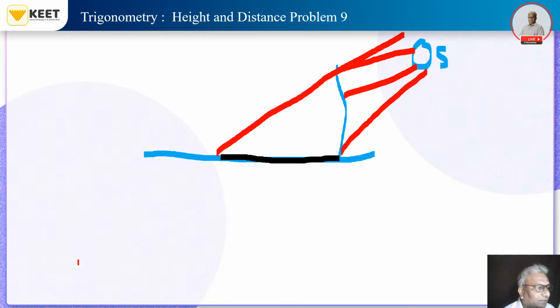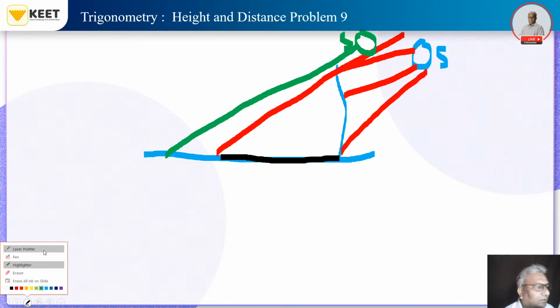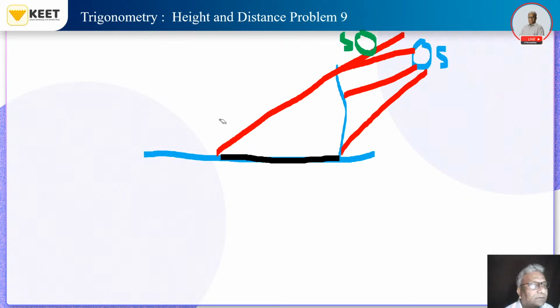Now suppose the position of the sun changes. I'll show the position change with some other color. Now the sun is coming in this position, and the shadow will come and hit like this.